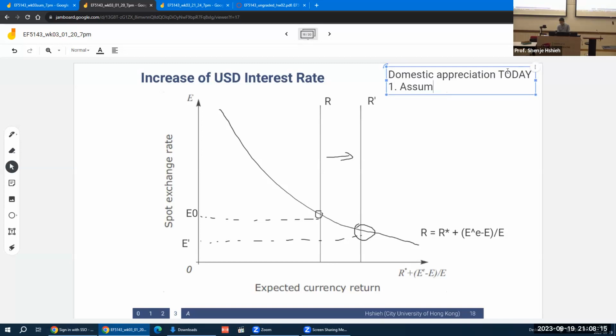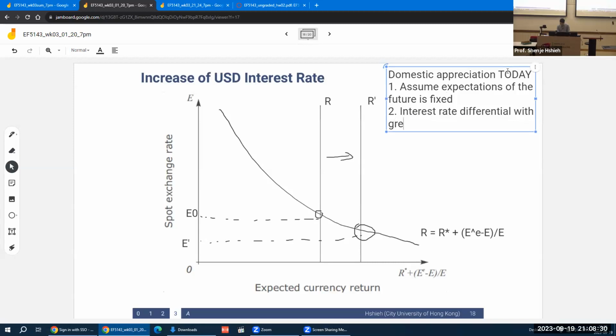Well, assume expectations of the future are fixed. That means it's anchored. The interest rate differential, with greater returns on domestic currency, as R increases to R prime. Agree? So R minus R star is now greater than before.